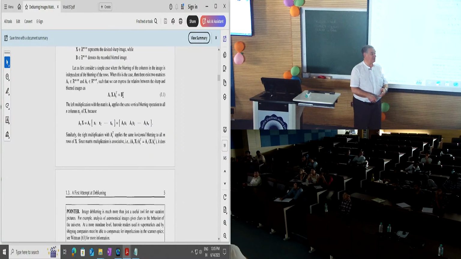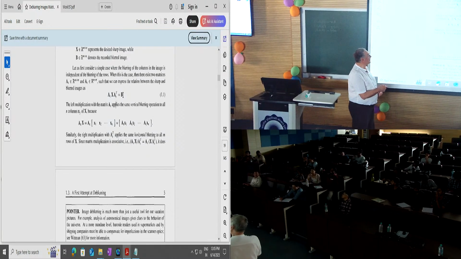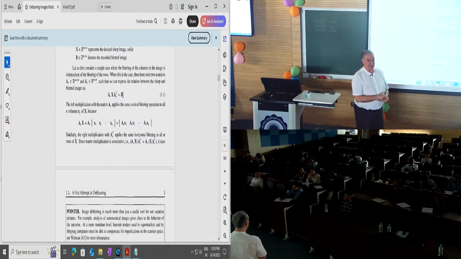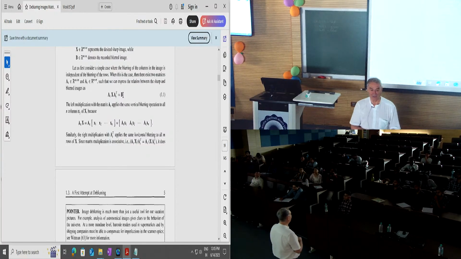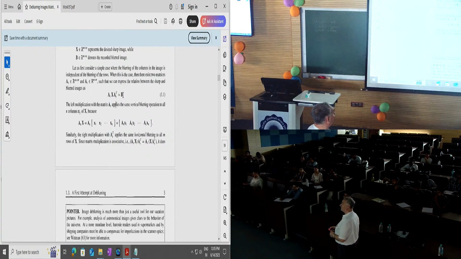The right-hand side is the blurred image which we have, the given matrix. X is the original matrix, the unknown matrix. We want to find this one.